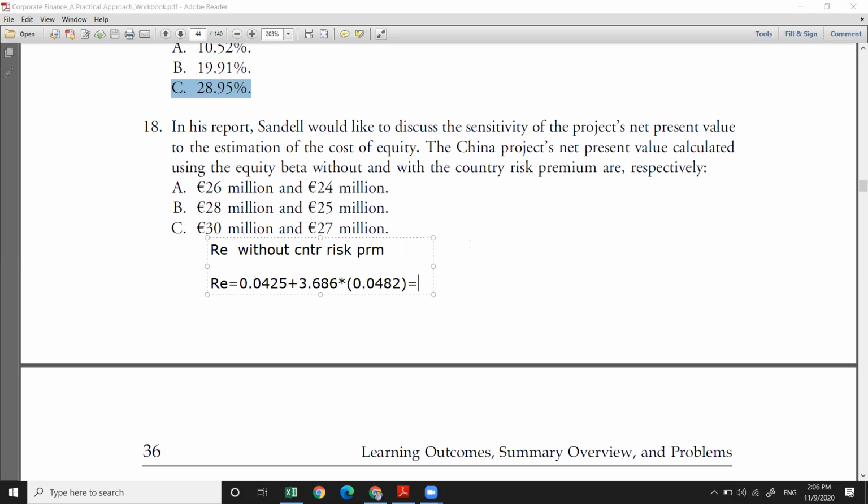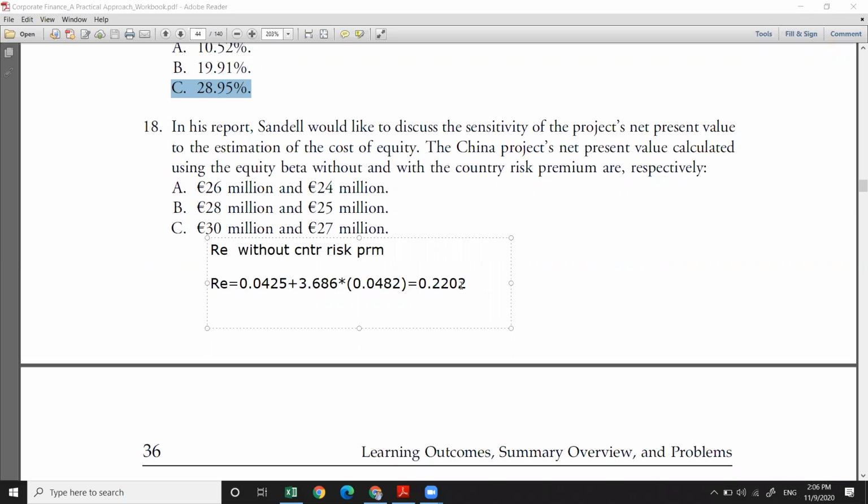To calculate, it should come as 0.22. Sorry, my computer stuck.